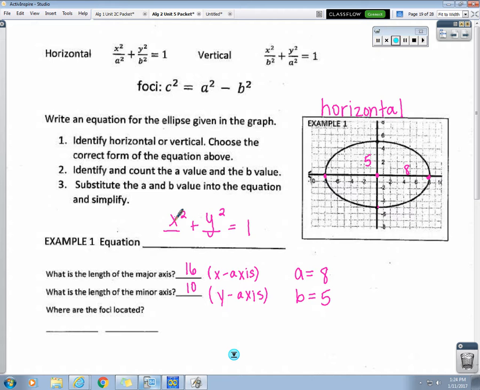If this is X, under it needs to be the number that's on the x-axis, and isn't that number 8? So 8 squared, because you have to square it, is 64. And if this is y, you need to look at the y-axis, 5. And if you square that, you get 25. And so that is the equation of that ellipse. X squared over 64 plus y squared over 25 equals 1.